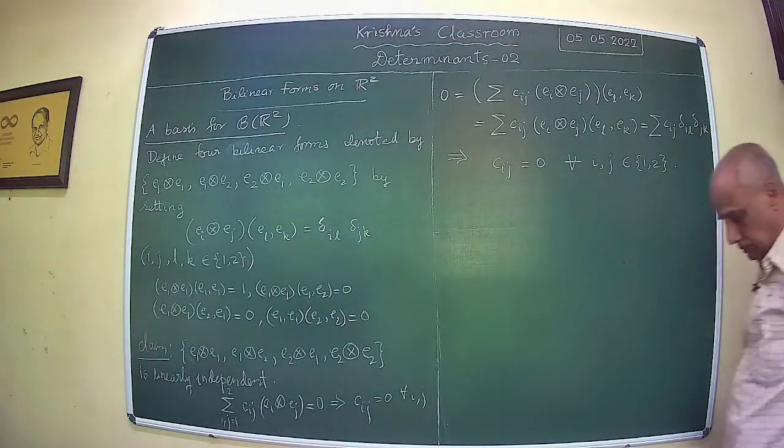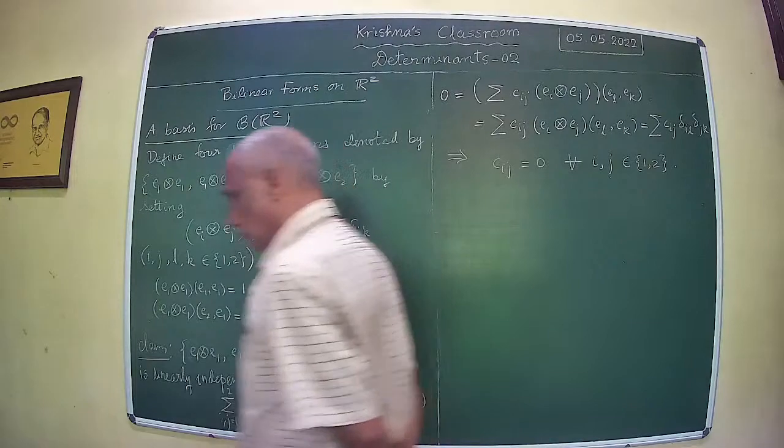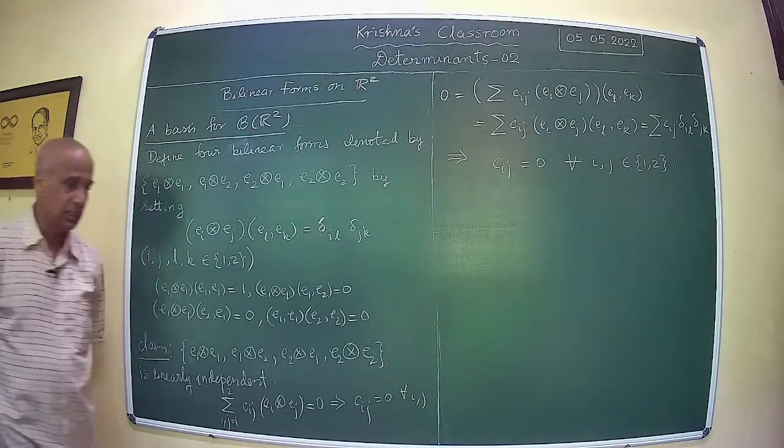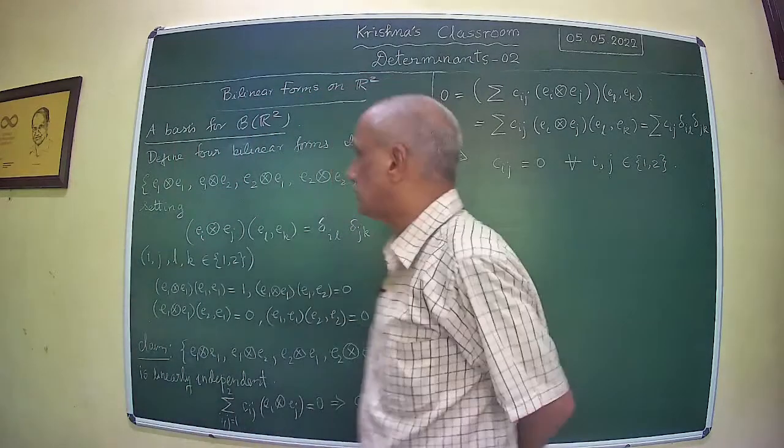So that is done. So they form a linearly independent set. Now what we assert is that this is a basis for B(R2).